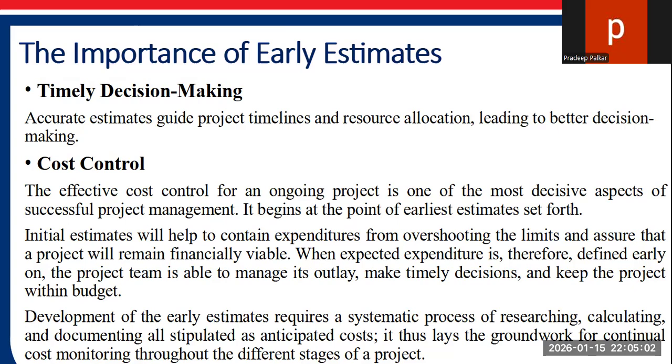An initial estimate helps contain expenditure from overshooting the limits and assures that the project will remain financially viable. When expected expenditure is defined early on, the project team is able to manage its outlay, make timely decisions, and keep the project within budget.